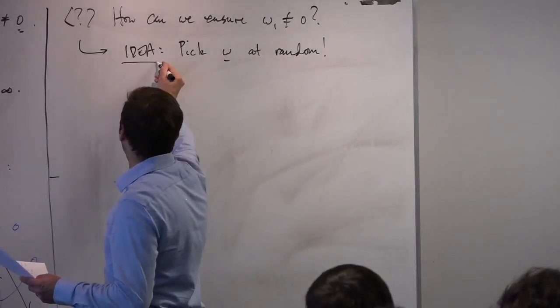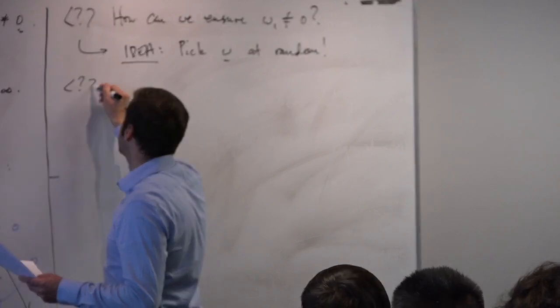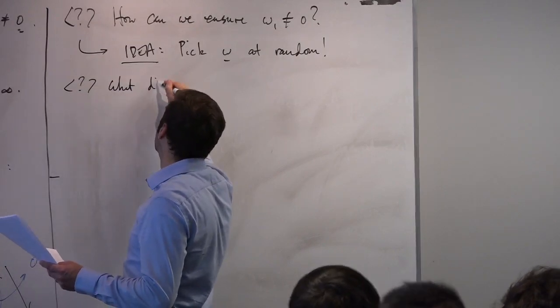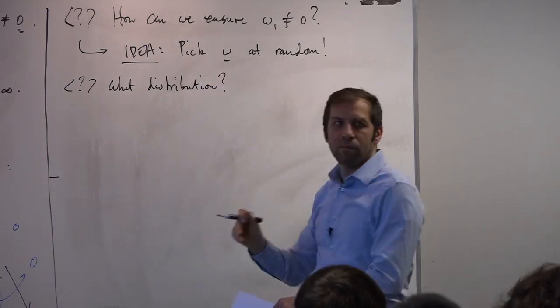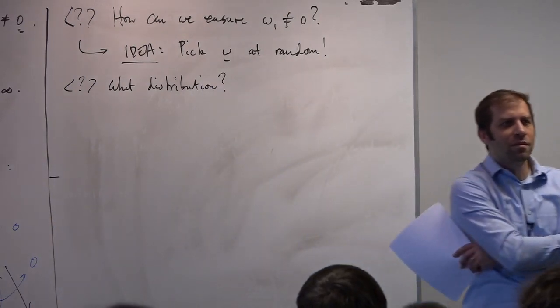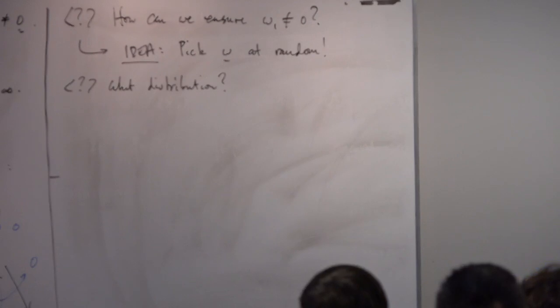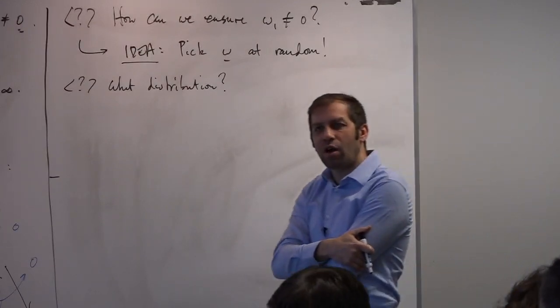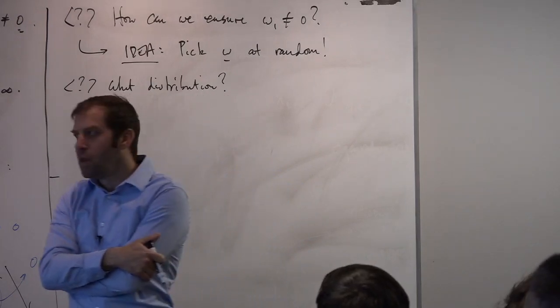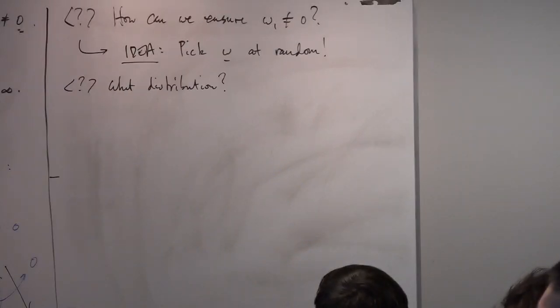So what distribution do we want to use? Yeah, it should be supported everywhere. Yeah, isotropic's actually not quite enough. There's something else that we want to take advantage of.